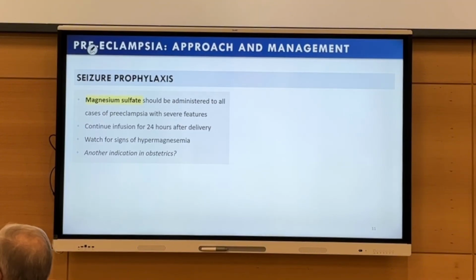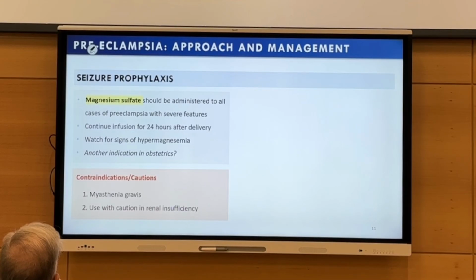No, in obstetrics I'm talking. Tocolytic? Well, not very indicated. So it's given for preterm delivery. Why? For fetal neuroprotection and prevention of cerebral palsy. Do you remember that? So as part of preterm delivery we give magnesium sulfate.